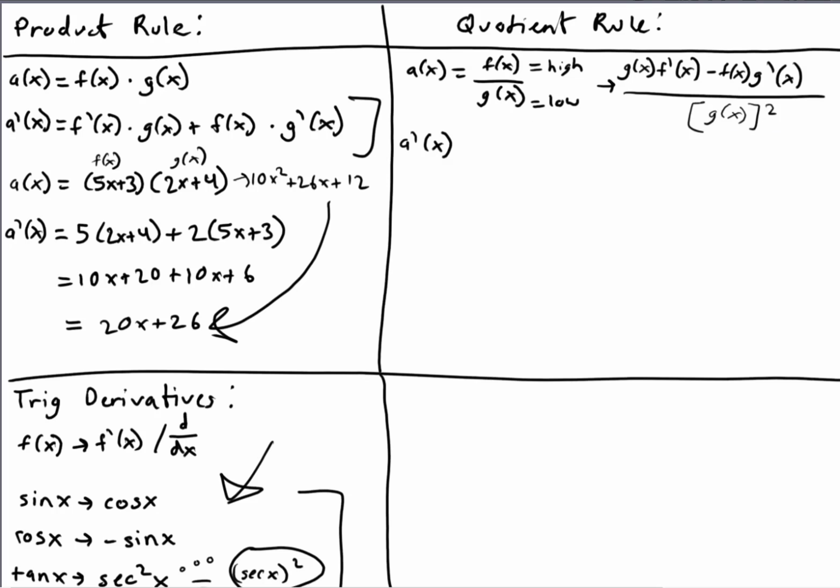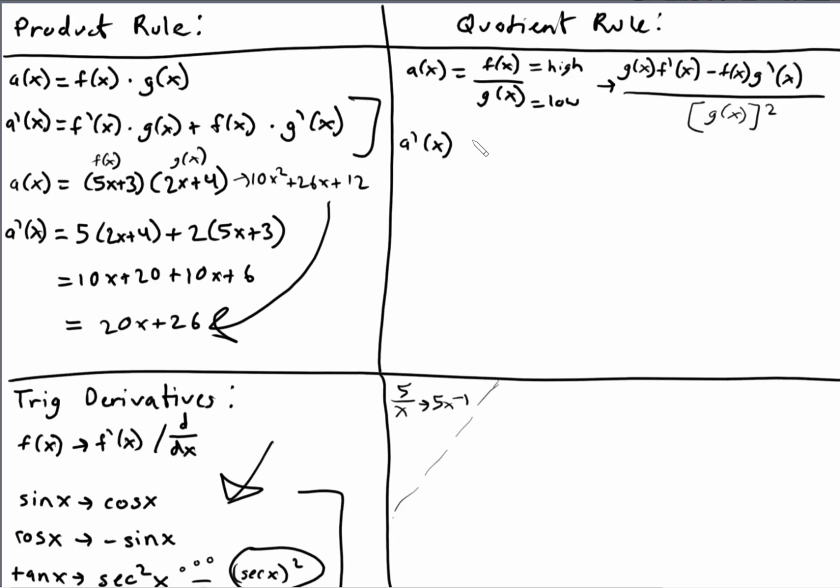Now this rule is not as commonly used as the product rule, especially because it requires a lot more math, and there's a lot of cases. Let's just go down here real quick. There's a lot of cases where you might have a function like 5 over x, and you can convert this to 5 times x to the negative 1 and use the power rule, which is a lot easier than the quotient rule.